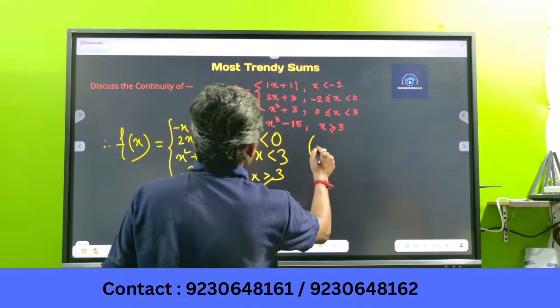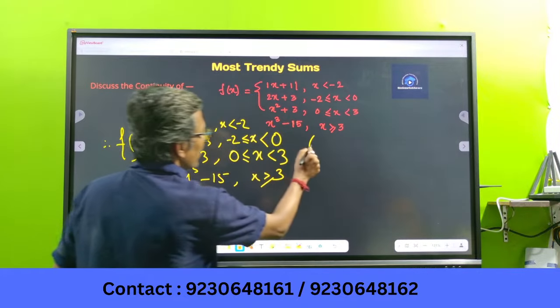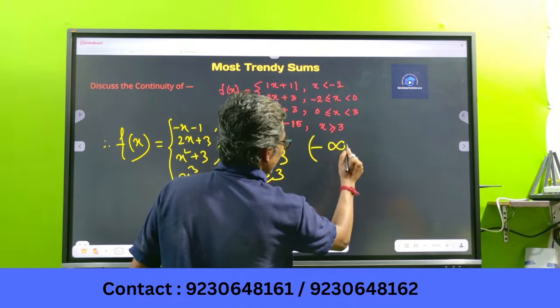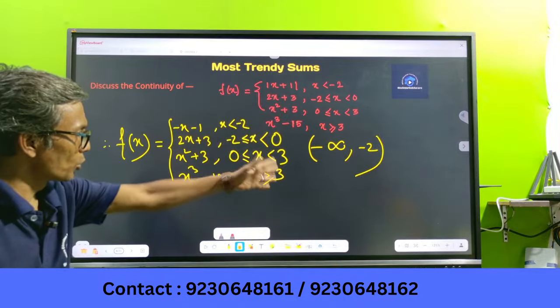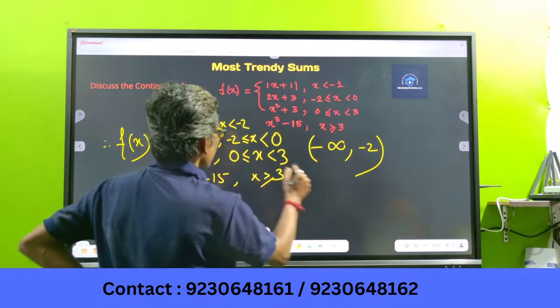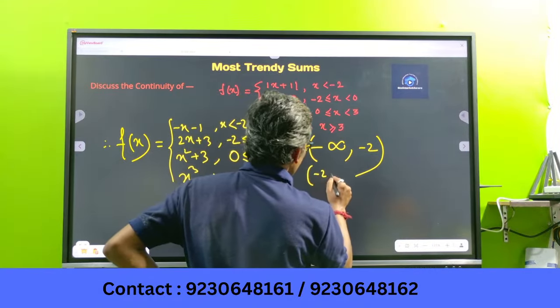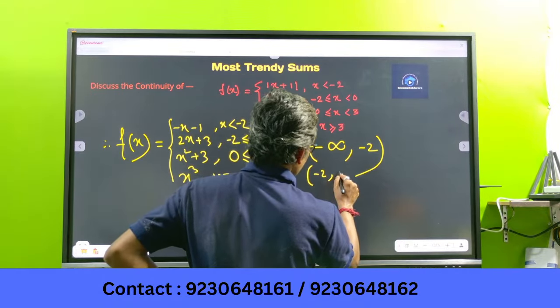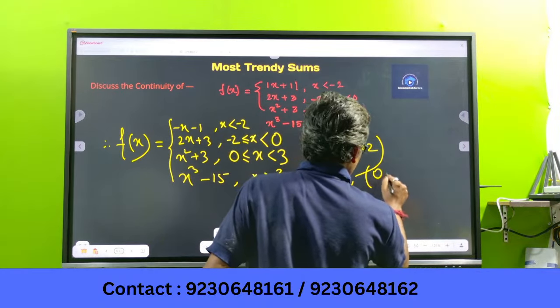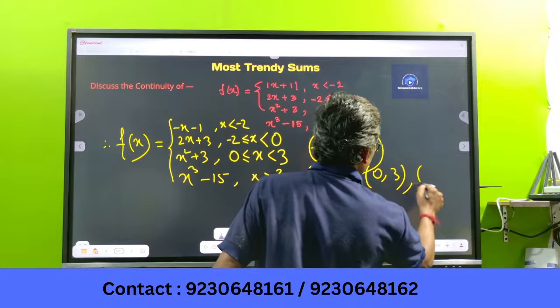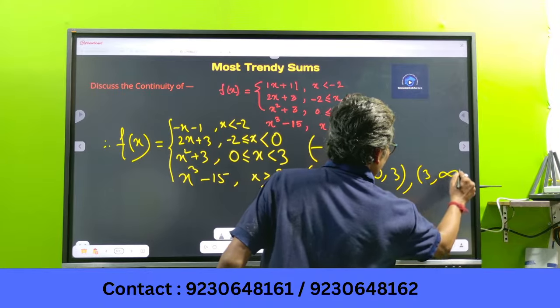The intervals can be written as minus infinity to minus 2, minus 2 to 0, 0 to 3, and 3 to infinity.